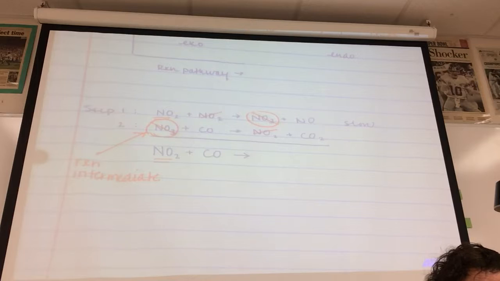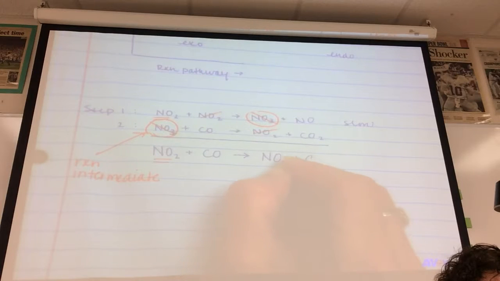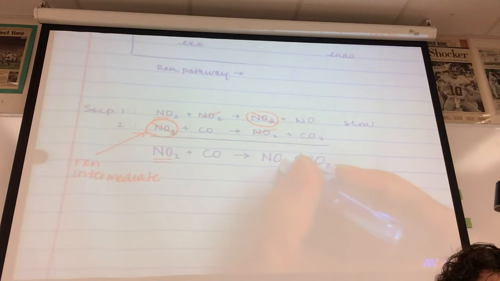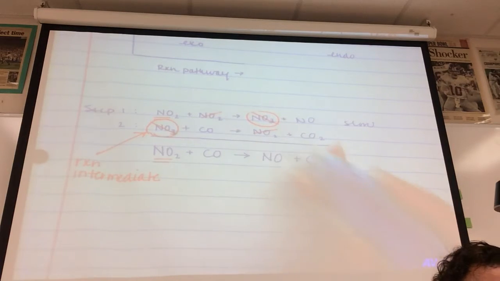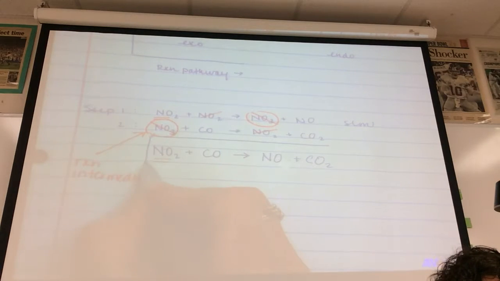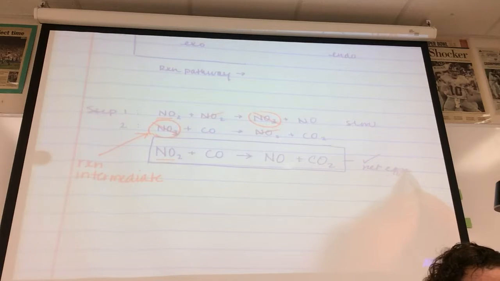And now I've got my other two substances, and these, I'm sorry, this doesn't have a 2 on it. NO here and CO2 there. So those are my two products. So I can see here that the sum of these two elementary steps is equal to the net equation that was given previously.